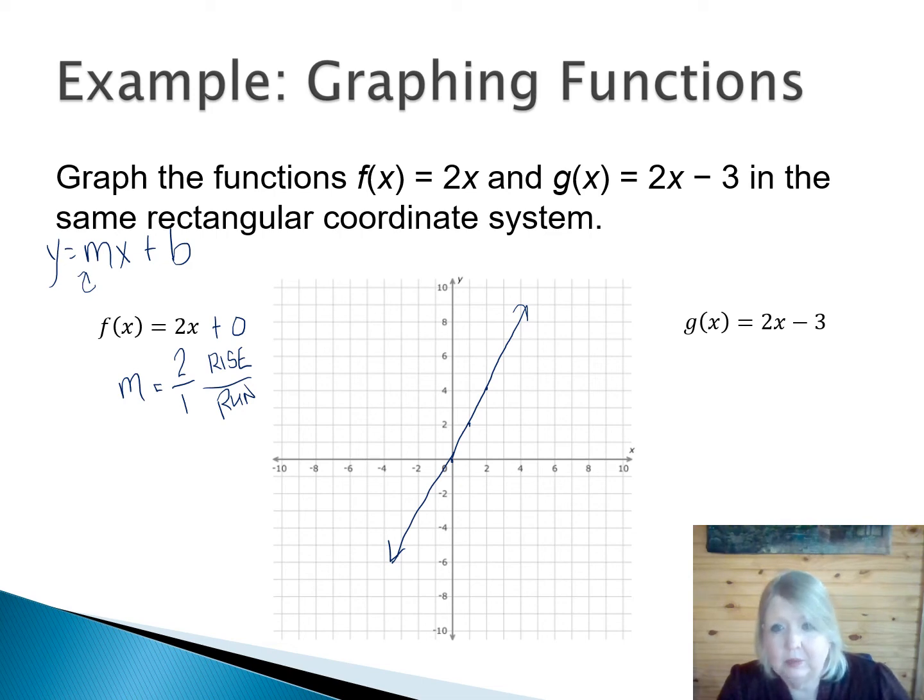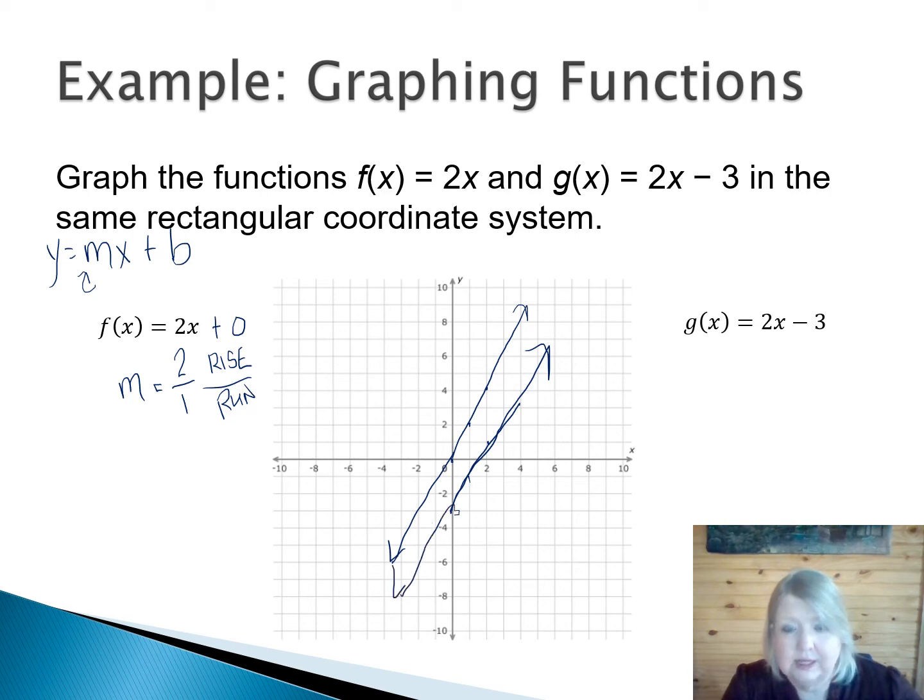For the second one, my y-intercept is -3, so at -3, I'm going to put my dot. That's the point on the line that I know is there. Again, my slope is 2, so it's up 2 over 1. Up 2 over 1. And I connect those points. Now, why did I graph these twice?